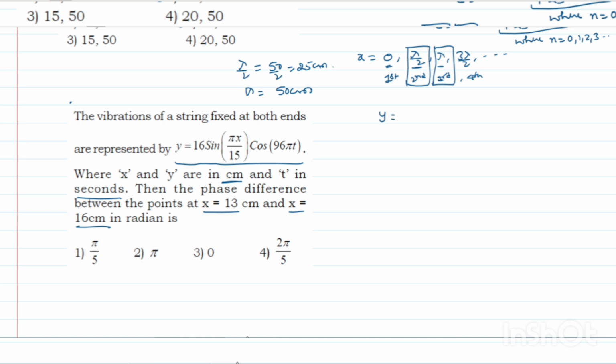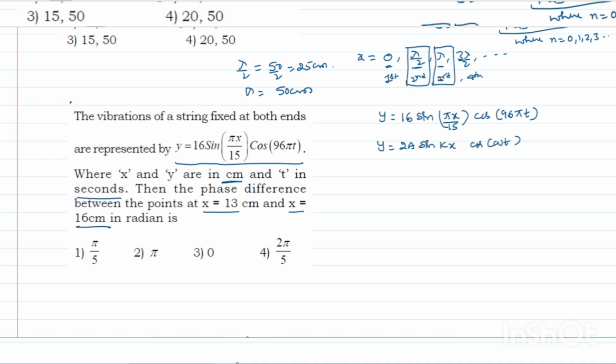Let us write the equation of the stationary wave, students. Here y equal to 16 sine pi x by 15 cos 96 pi t, and you can compare this with the general form of the stationary wave: y equal to 2a sine kx cos omega t.